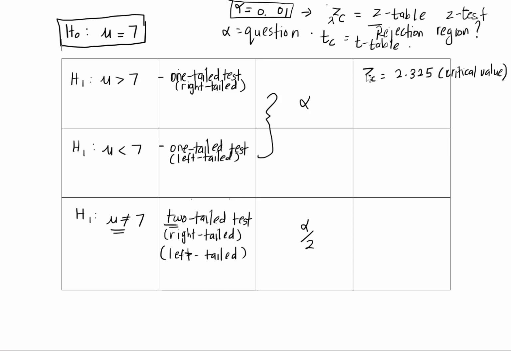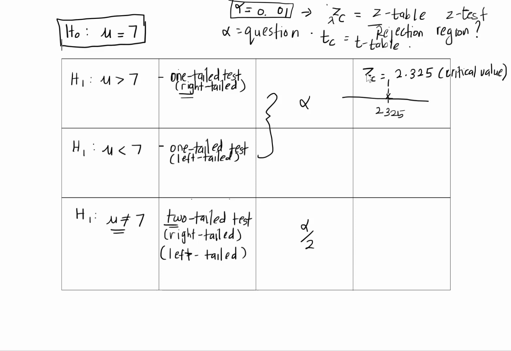Let's say we have a line, and this is our 2.325. This line separates the critical region and the non-critical region.